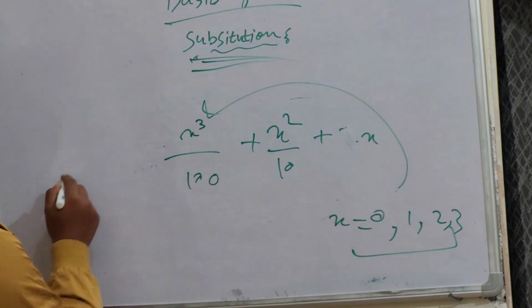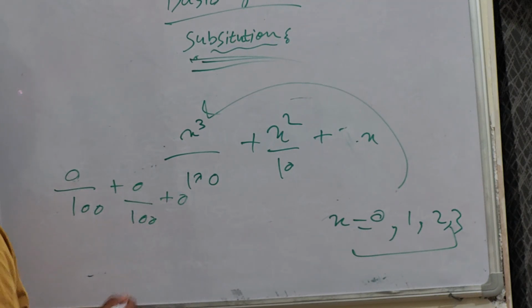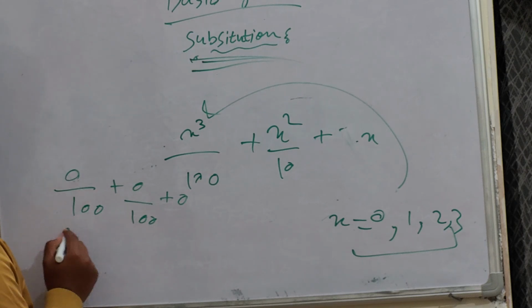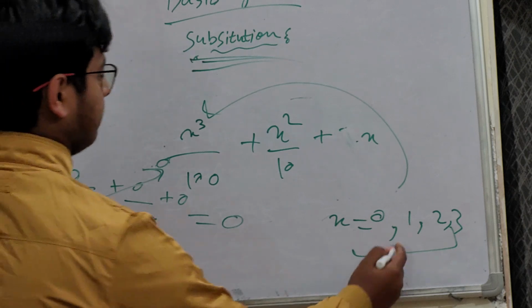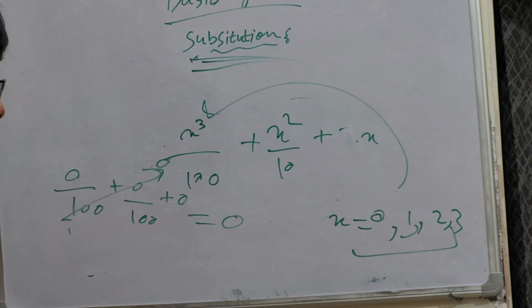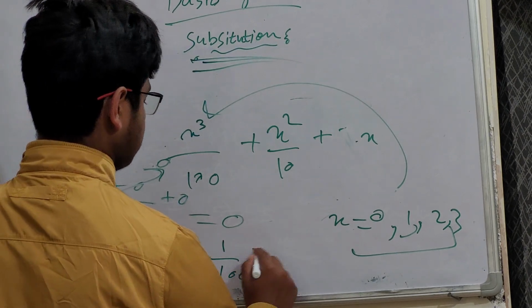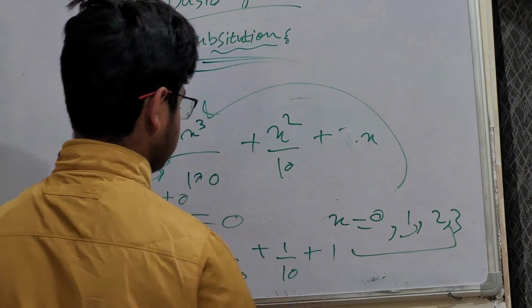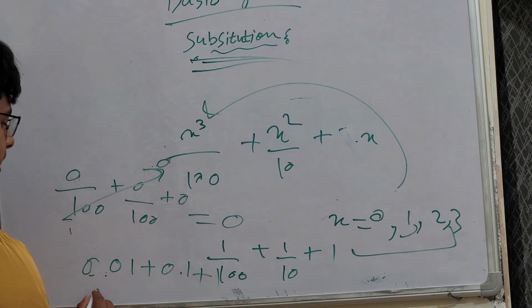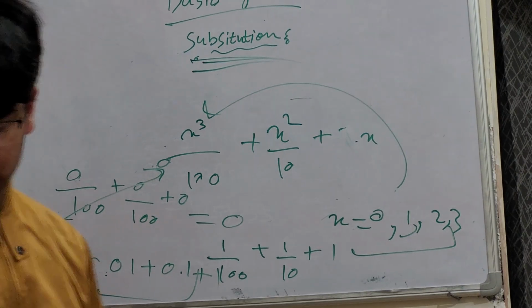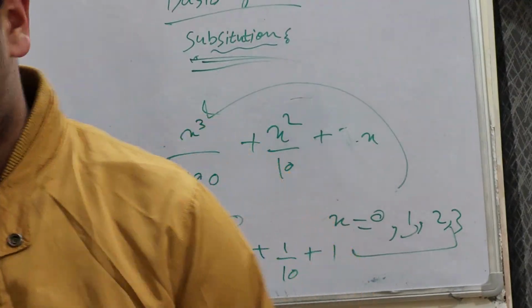For x equal to 0, it is 0 over 100 plus 0 over 10 plus 0. As you all know, it will always be 0. Another is 1, and we have to substitute 1. For example, 1 over 100 plus 1 over 10 plus 1, which equals 0.01 plus 0.1 plus 1. This is for your homework. You have to add it. I won't do this.